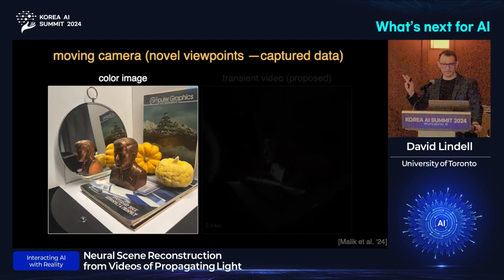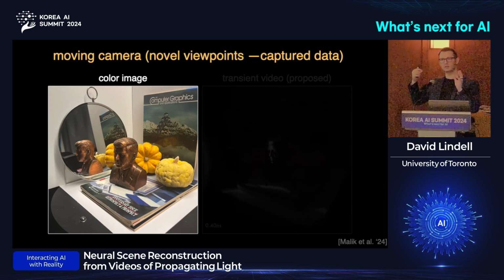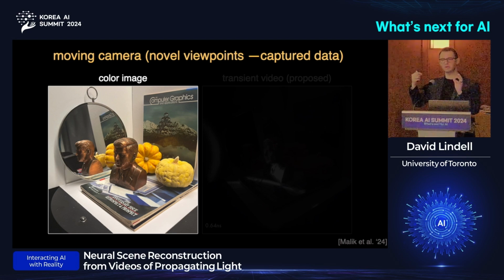Okay, so here's another captured scene. This scene has a mirror in it, has a statue and a few other objects, and I'll play back the video. In this case, our laser source, the pulsed laser, is illuminating a diffuser to create a point-like source of light, and so what you see is a wavefront that propagates through the scene.